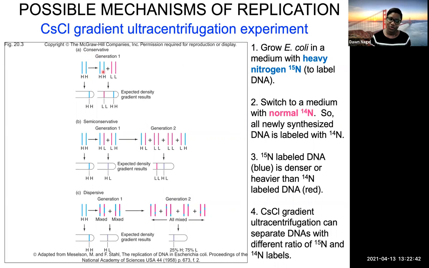So in your initial pool, you have your DNA in the tube, and you label the old DNA with this heavy isotope. All newly synthesized or replicated DNA will then have the lighter isotope, or the normal N14.